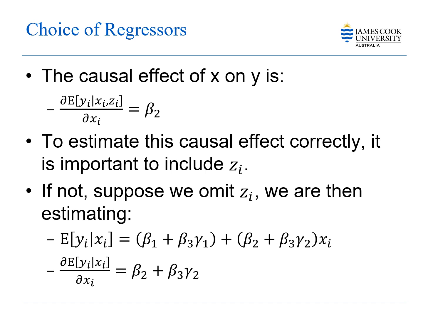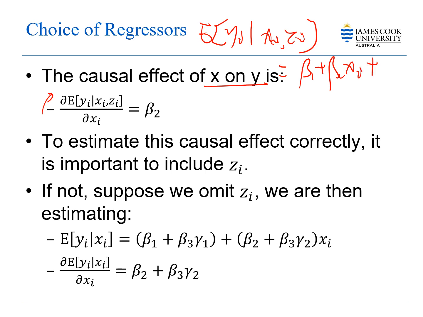So the causal effect of x on y would be the marginal impact. The conditional mean of yi given xi, zi is equal to beta 1 plus beta 2 xi plus beta 3 zi. So we partially differentiate this conditional mean of y with respect to xi, holding zi constant.